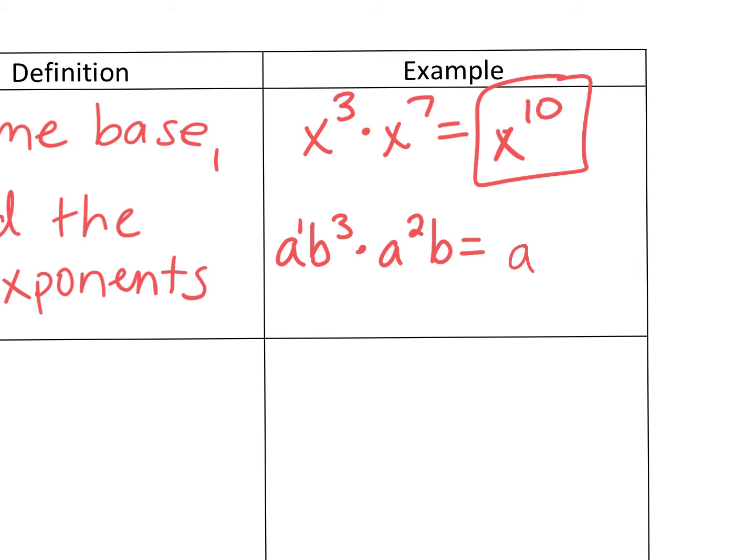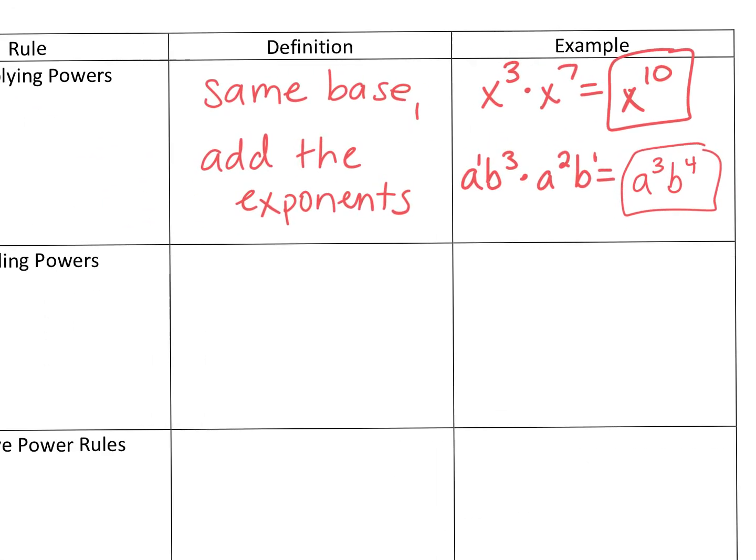If it's not written, isn't it just a 1? Yep, so 1 plus 2 would be 3. Good. And then b to the 4th. This one would have a 1 as well, if it's not written. Questions on that?